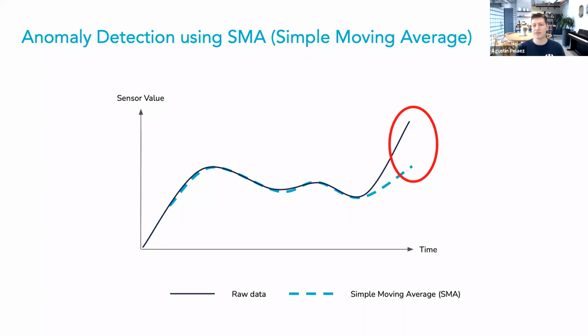So what you end up getting is a smoothed curve, or you can think of it as a sleepy version of the raw data. So why is this useful? Because it goes slower. Whenever your raw data gets an unexpected spike, the moving average will take more time to keep up. And therefore, if you measure that offset, that delta, you will be able to know whether there's an anomaly or not.